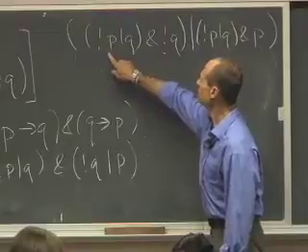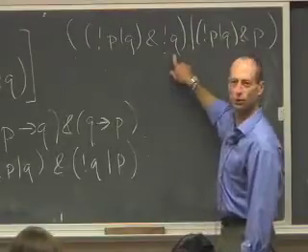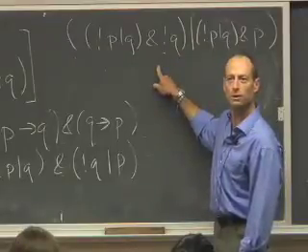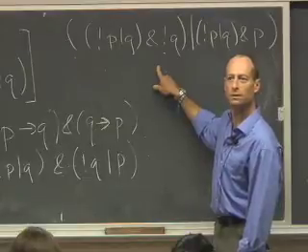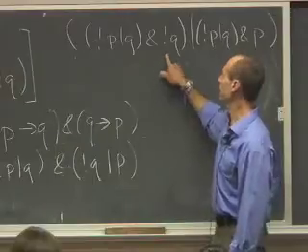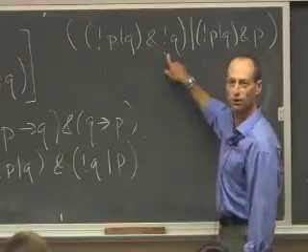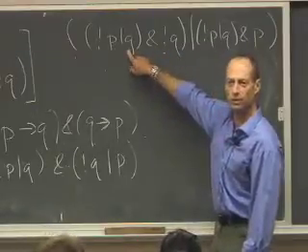Look at this. This is not P or Q and not Q. How can this possibly be true? The only way for this to be true is if not P is true and not Q is true. Right? So the Q here isn't helping.